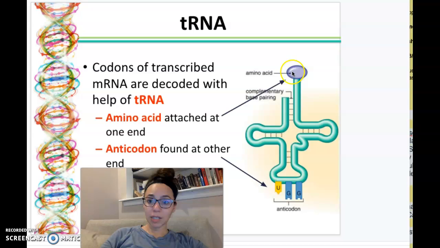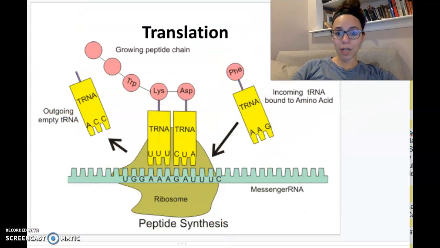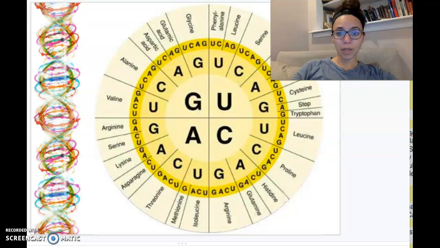So an amino acid is attached at one end, the anticodon is on the other end. And again, this anticodon matches to the RNA. Okay, so if this is our RNA strand, which the ribosome is reading, here's the tRNAs. All right, so right here, the tRNA is matching AAA on the RNA to UUU on the tRNA, which codes for a specific amino acid, lysine. Okay, same thing is happening here and here, just using that amino acid wheel.